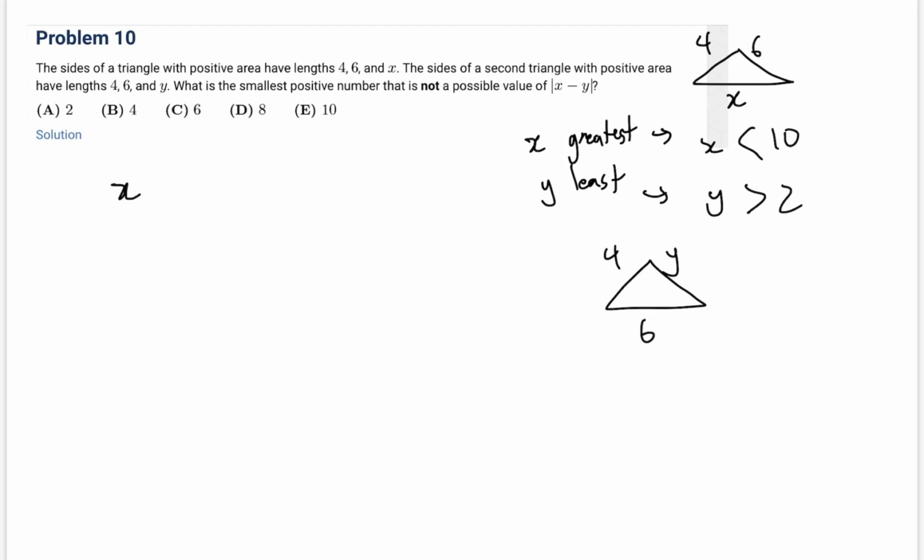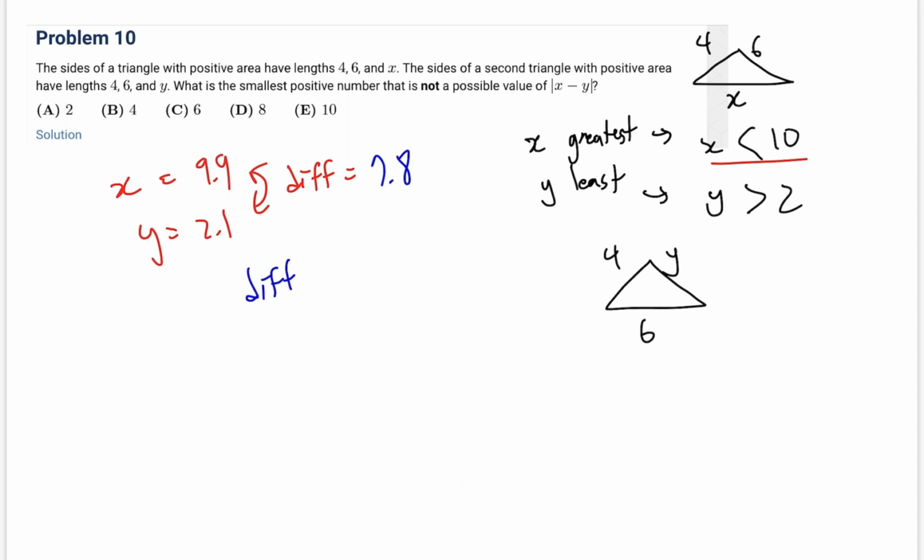So x could be, I don't know, 9.9, and y could be 2.1, and then their difference is 9.9 minus 2.1, so it's 7.8. So their difference cannot go beyond 8, so the difference always has to be less than 8. So the smallest possible number that is not a possible value of the absolute value of x minus y is 8, so that's D.